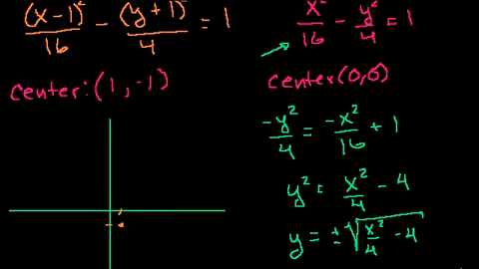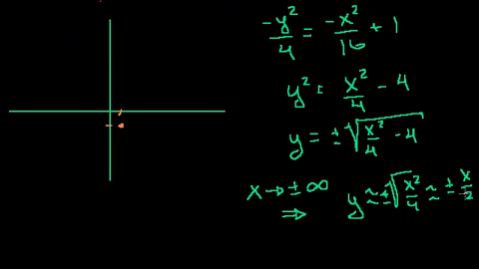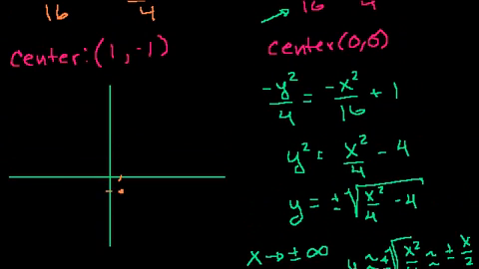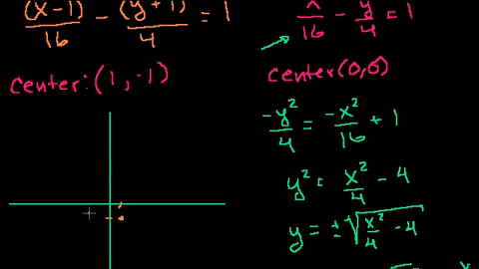And then the slopes of the asymptotes were positive and negative 1/2, right? So let's do the positive 1/2. That means for every 2 you run over in the positive x direction, you move up 1. So you go to the right 2 and up 1. So that's the first one, and let me draw that asymptote.